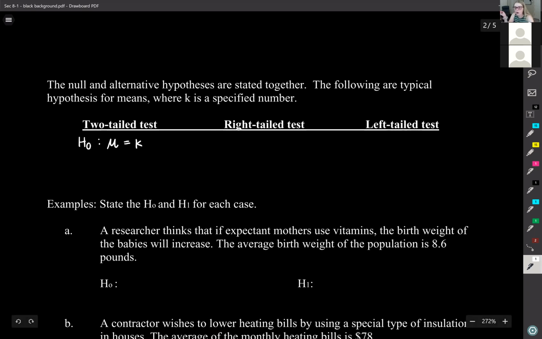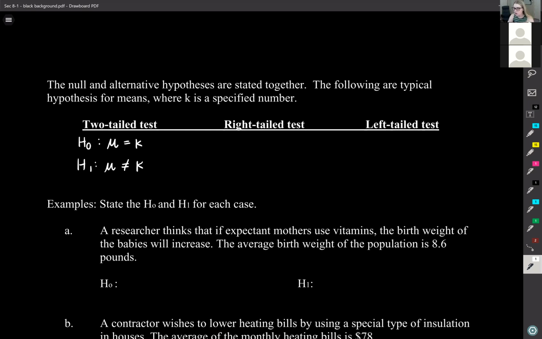This is just any number. So I'm just saying k for now, but in the examples below, we'll use a specific number. So then my alternative is something like maybe mu is not equal to k. You can see how you have a null and then something that's an alternative. So we say mu is equal to k, but the alternative to that, maybe it's mu is not equal to k.